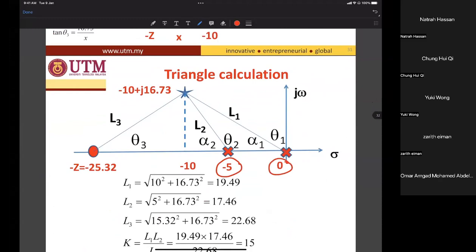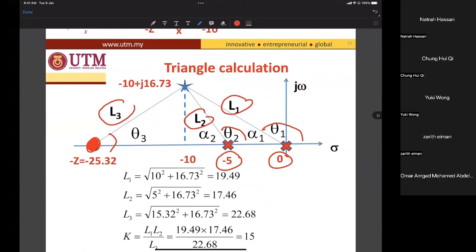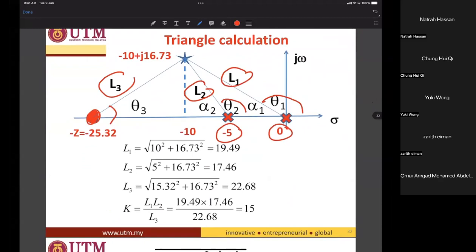When we want to locate the new zero, let's say we locate it here. Then we calculate theta 3, theta 2, and theta 1, and then length 1, length 2, and length 3. But if you don't want to use L1, L2, L3, you just use magnitude.